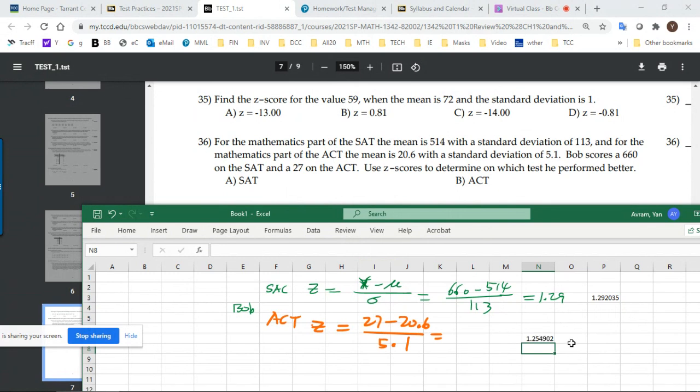All right, so which one did Bob do better?